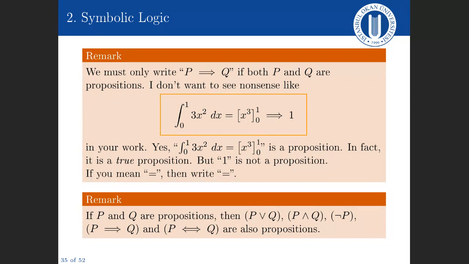This is a proposition because this could be true or this could be false. In fact, it's a true proposition. But 1 is not a proposition. If a student wrote this, then they would probably mean equals just here. But if you want to write equals, then write equals. Implies is only used between two propositions.